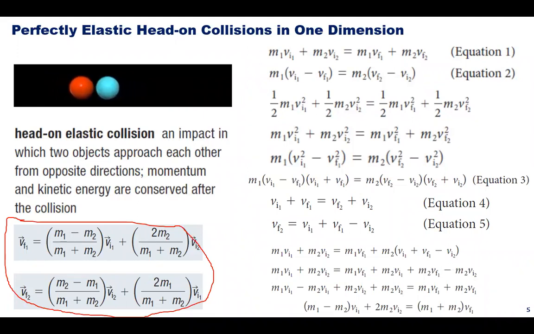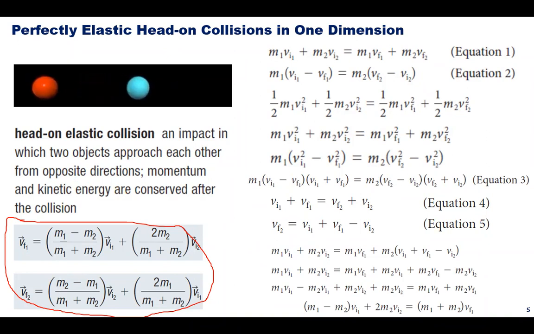Using these equations for head-on elastic collisions in one dimension, special cases of collisions such as objects of equal mass produce some interesting results. From these formulas, we can have a look at the first type of special case.